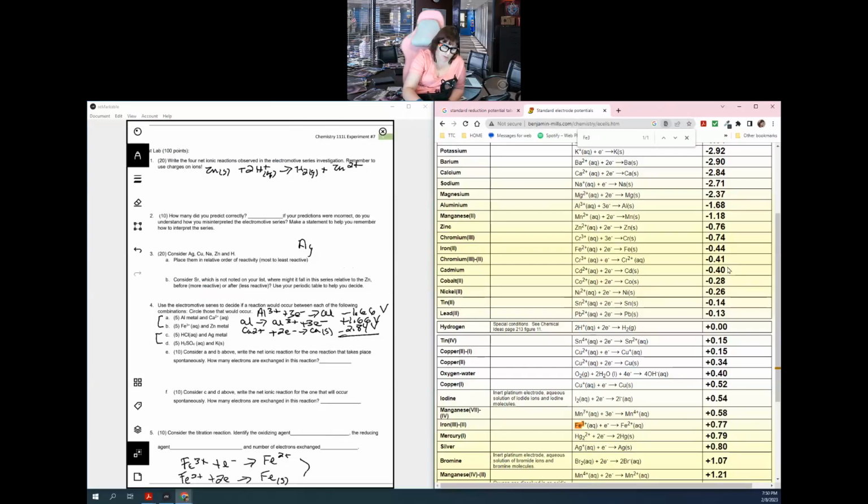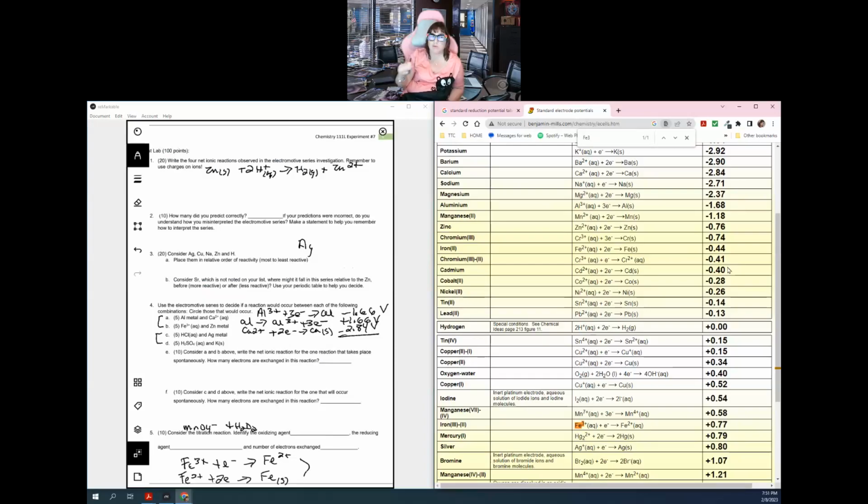In your titration reaction, that big reaction that we balanced with the MnO4- and the H2O2, you need to find what is the oxidizing agent. So an oxidizing agent causes oxidation in something else. It is reduced.